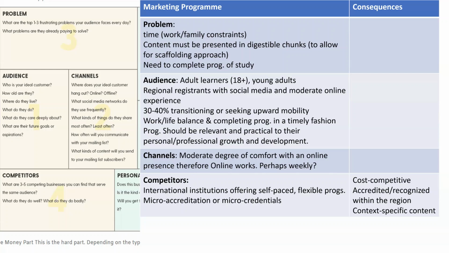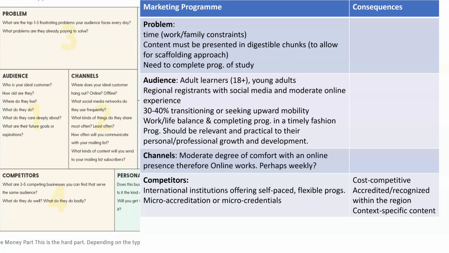I'd like to touch quickly on the consequences of that, because that's the only one I think we talked about in detail. The consequences would be that our program would need to be cost competitive. We would have to look at the accreditation of some of these other programs. Are they going to be recognized within our region? If so, we have to make sure that ours is relevant so that people would want to take our program.